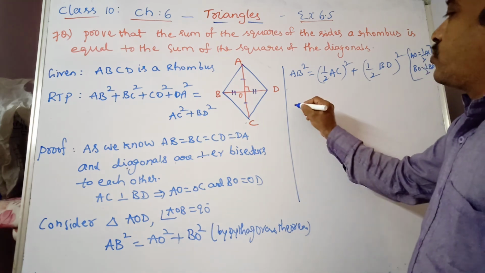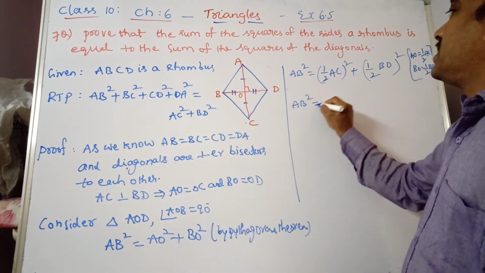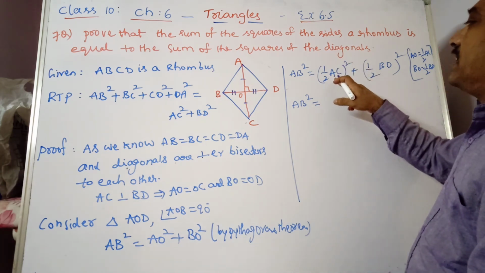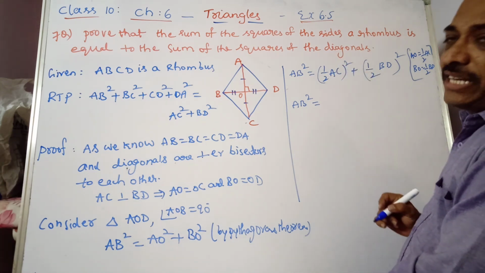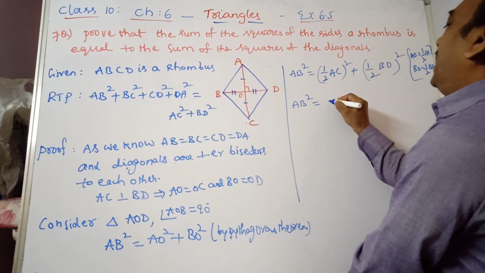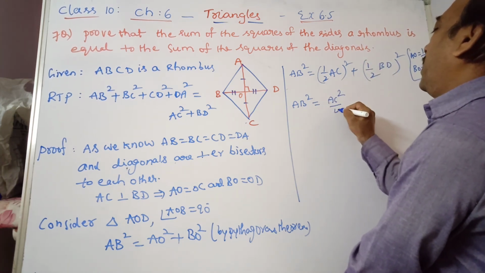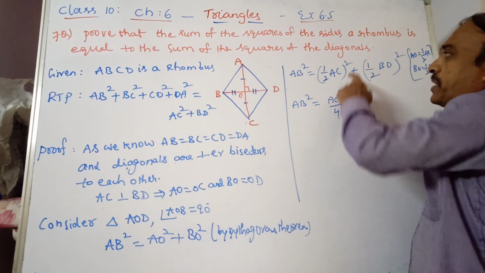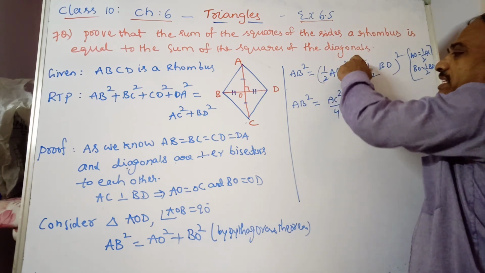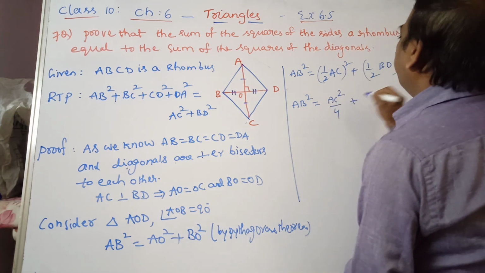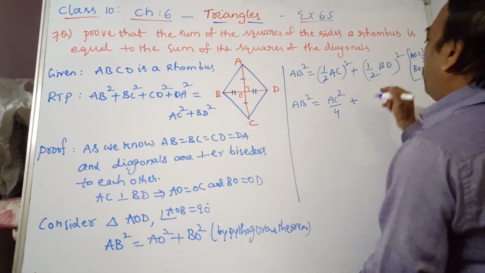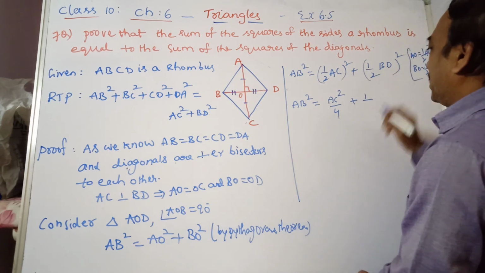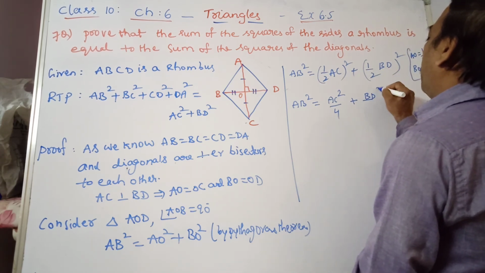Next, AB square is equal to, the square is applicable for all the terms. So 1 square is 1, 2 square is 4, so I can write this as AC square by 4. Did you observe? Square is for all the terms. Then here 1 by 2 whole square is 1 by 4, which is BD square by 4.